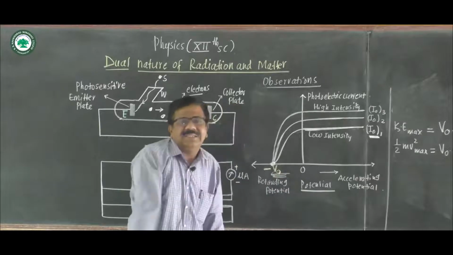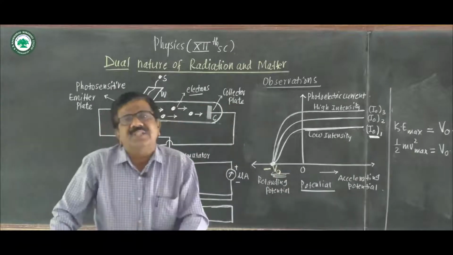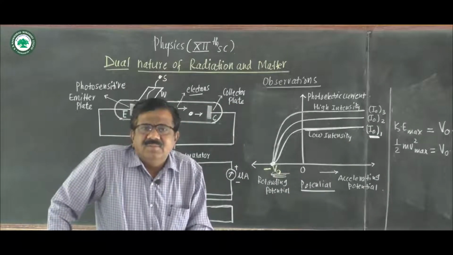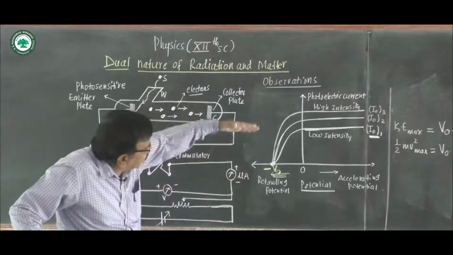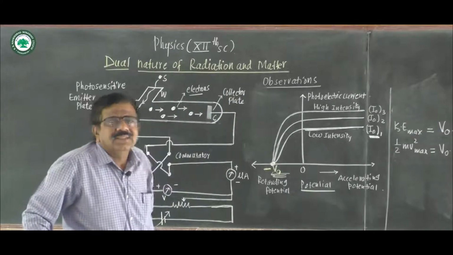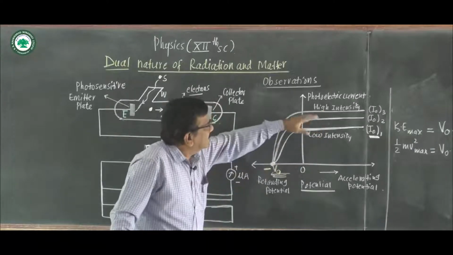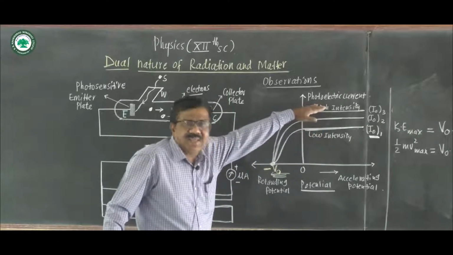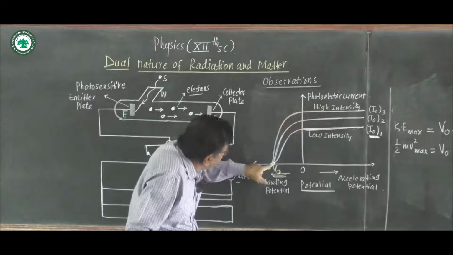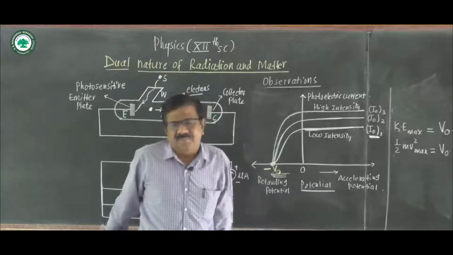See here, the main part. Frequency is constant, but the experiment is repeated for different intensities. For these three different intensities, even though frequency is the same, the stopping potential remains the same.